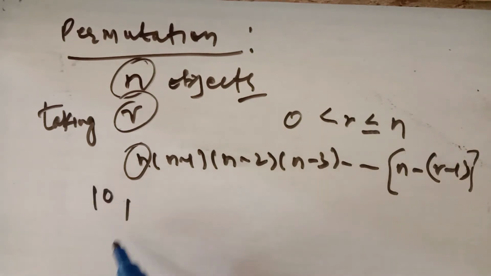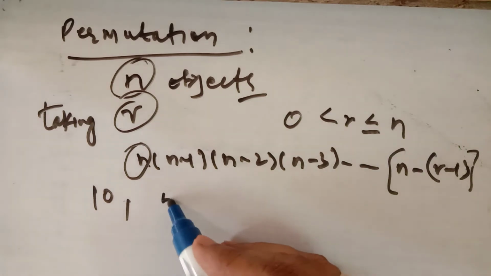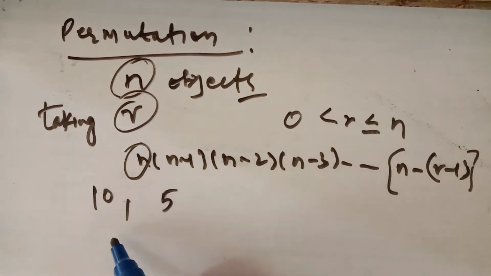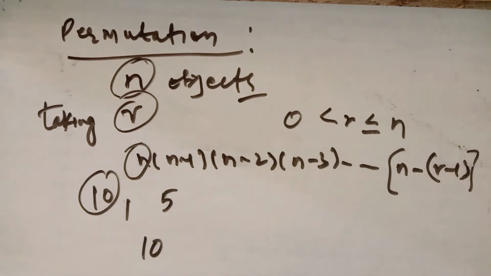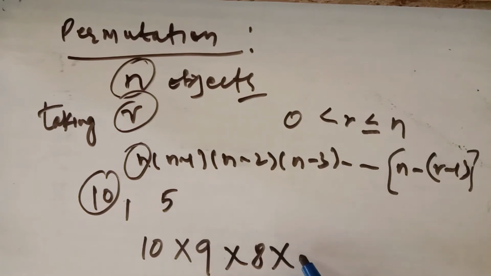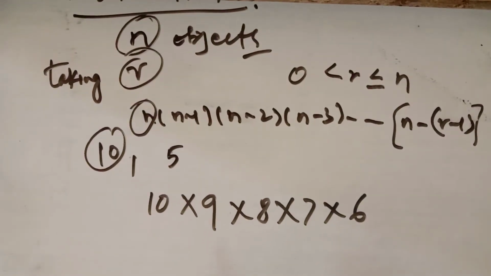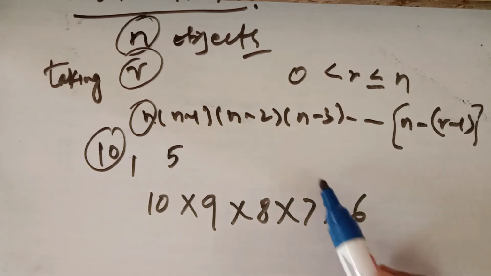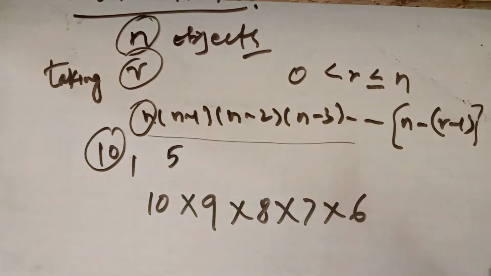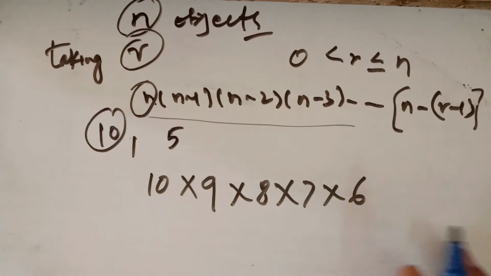Suppose we have 10 students and we have to arrange only 5 of them. Then for the first student, the options are 10. For the next student, the options are 9, then 8, and 7 for the next, and 6 options for the 5th student to arrange them. So this is the total number where these go on subtracting. So n minus r minus 1.